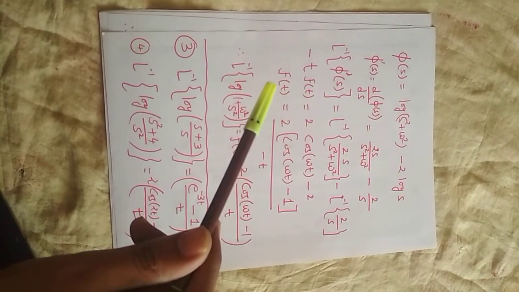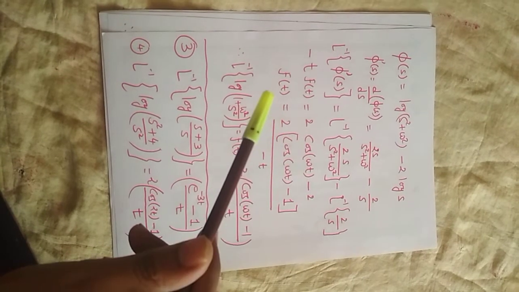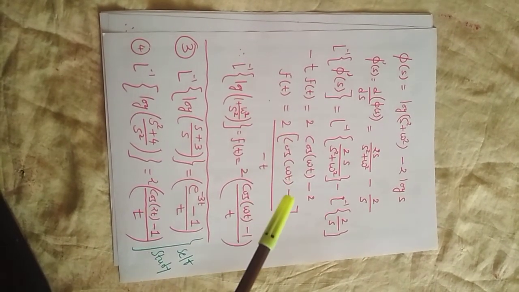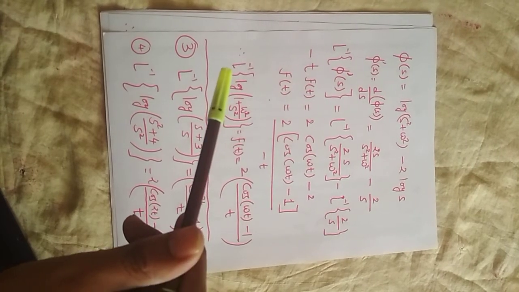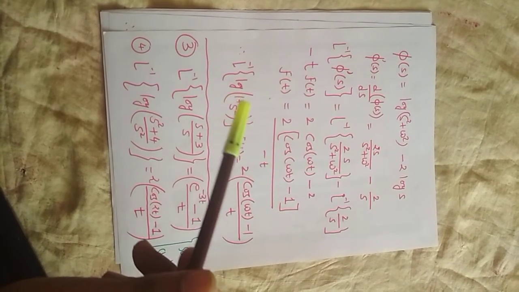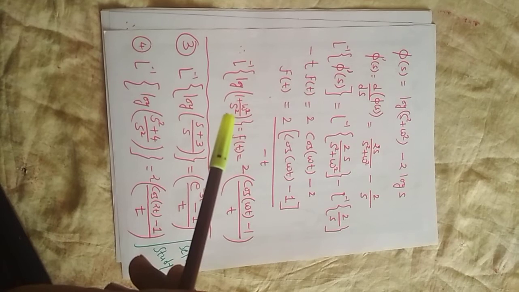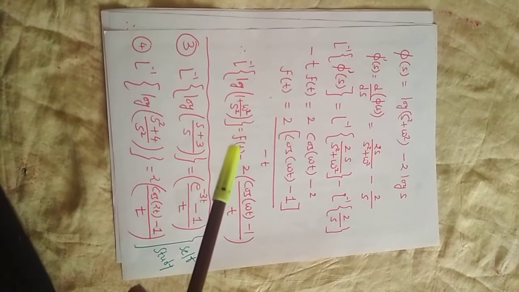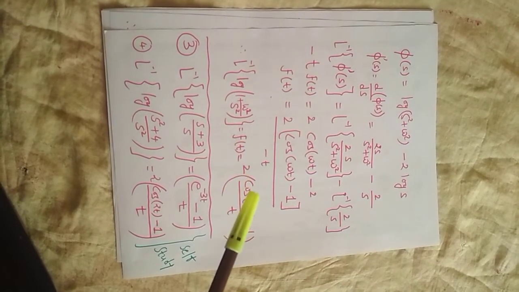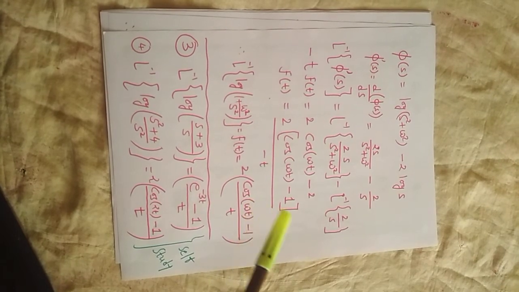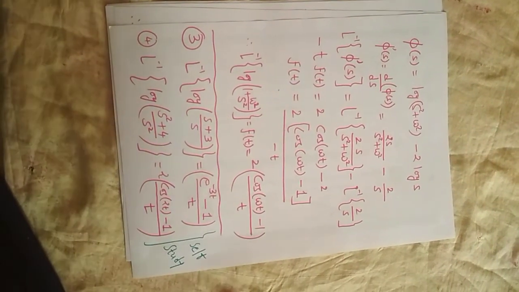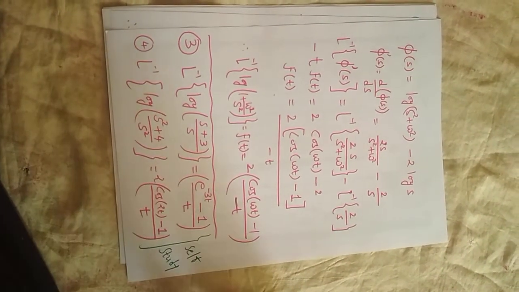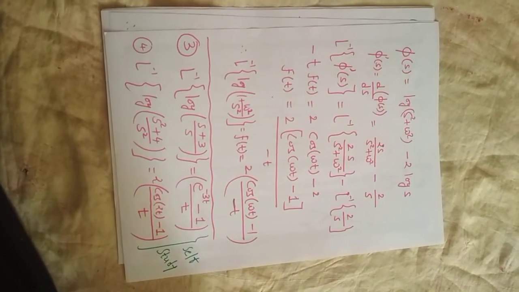With 2 common and dividing by t, we get f(t) equal to 2 (cos omega t minus 1) by minus t. That means the final answer of inverse Laplace of log of 1 plus omega square upon s square is f(t) equal to 2 (1 minus cos omega t) divided by t. Here we have a minus, so that is our final answer.